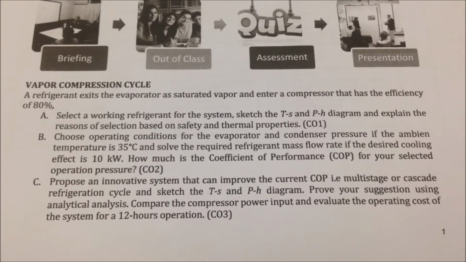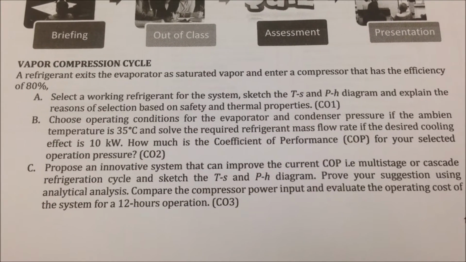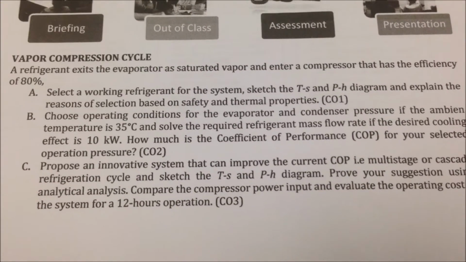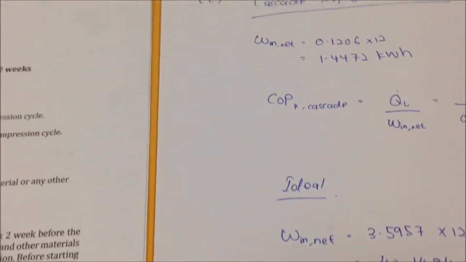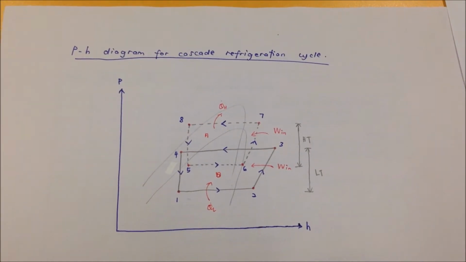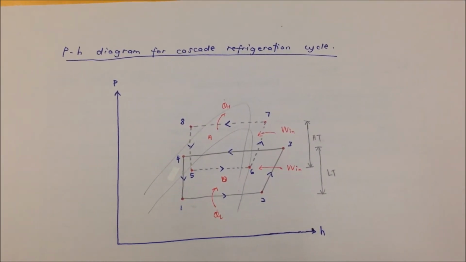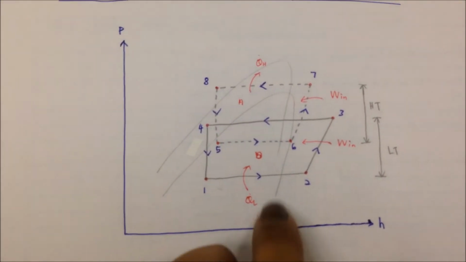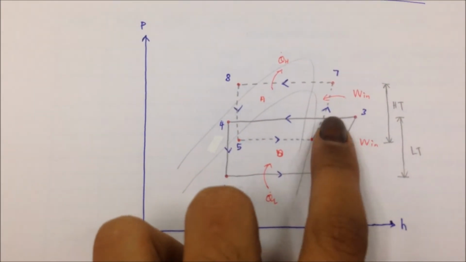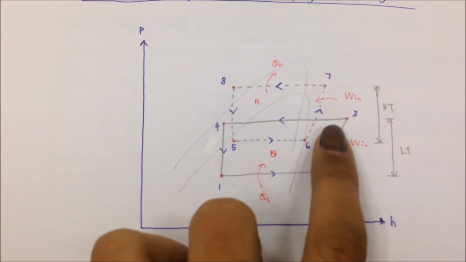Finally, for the final question, which is to choose the improved system, we have chosen the Cascade refrigerant cycle. This is our pH diagram for the Cascade refrigerant cycle, where you can see QL, QH, and Win for lower and upper.